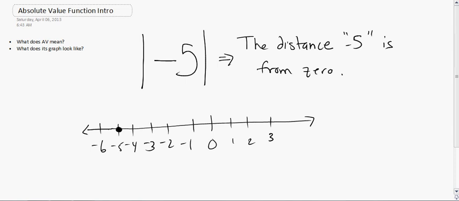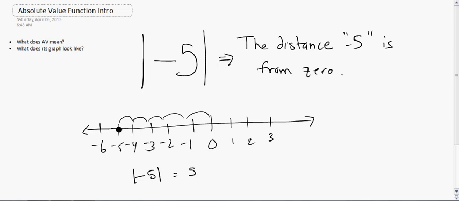The absolute value of -5 is another way of asking how far, or what is the distance, that -5 is from 0. So let's count. It's 1, 2, 3, 4, 5 steps away from 0. So the answer to this question, what's the absolute value of -5, is 5.